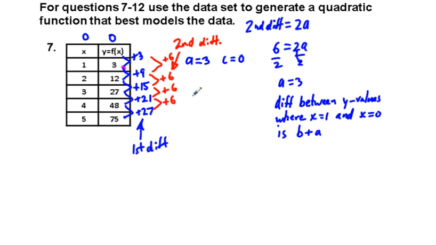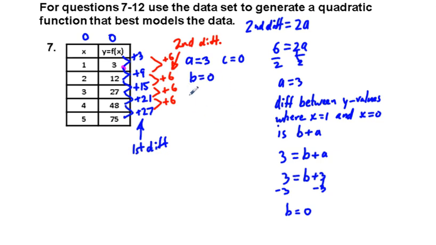So if we just go backwards here, our difference is going to be 3, so we say 3 equals b plus a. And if a equals 3, we say 3 equals b plus 3. Well, subtracting 3, we have b is equal to 0. So I'll put b equals 0 up here.